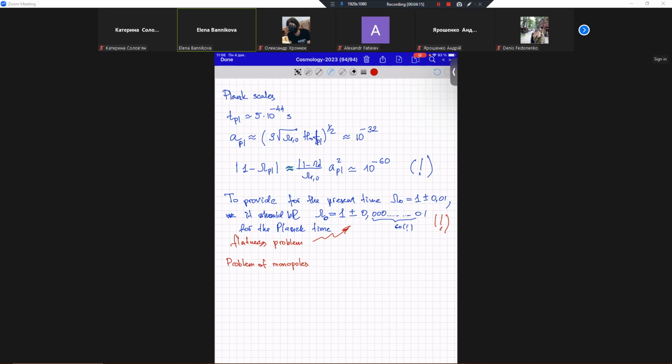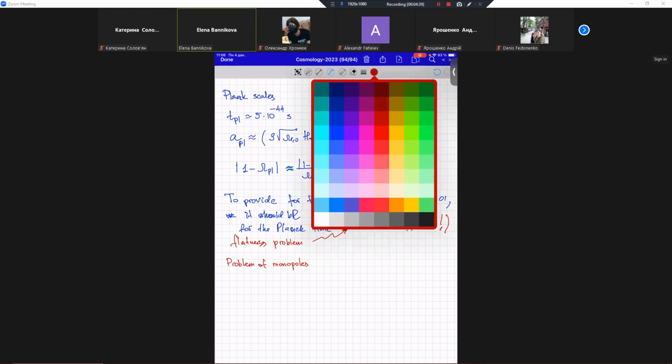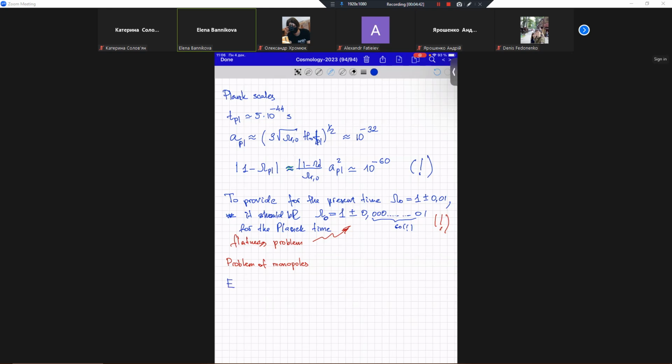To consider this in more detail, consider the energy which corresponds to each process related to the interaction of fundamental physical interactions. For example, I will start with the energy of electroweak interaction. We understand that we have 4 fundamental interactions: electromagnetic, weak, strong, and gravitational.